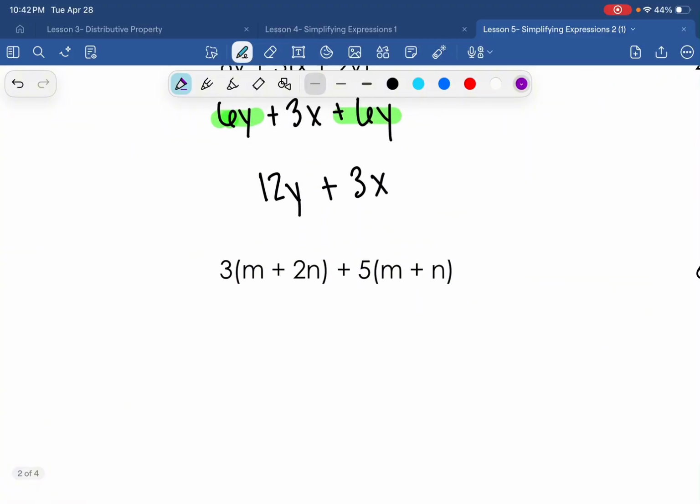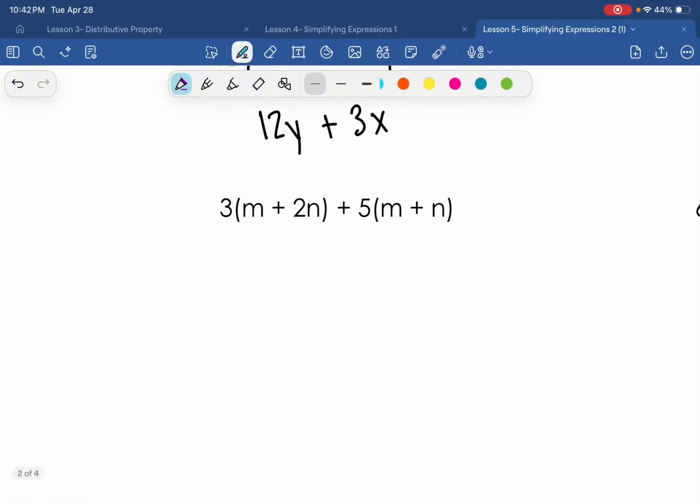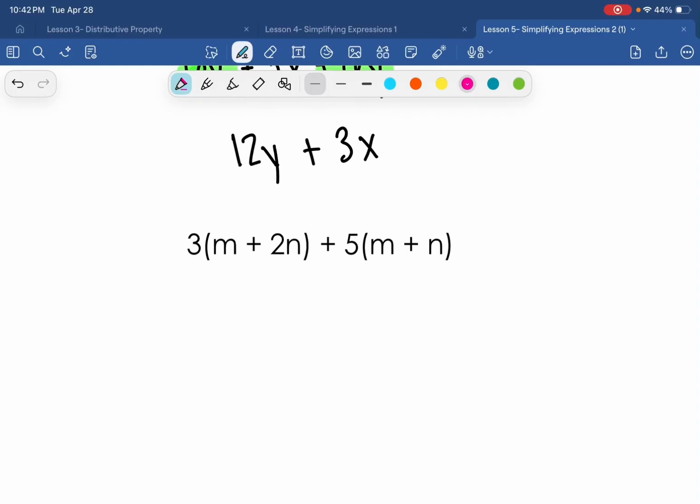All right, for this one here, remember, we need to get rid of the parentheses first before we can combine like terms. So you needed to share 3 to m and 2n. And then you needed to share 5 to m and n. So let's rewrite our expression now. 3 times m is 3m.